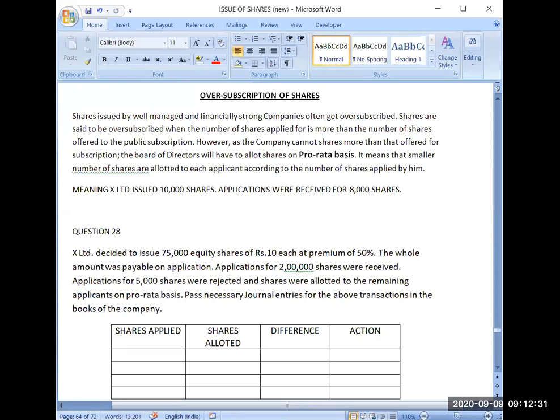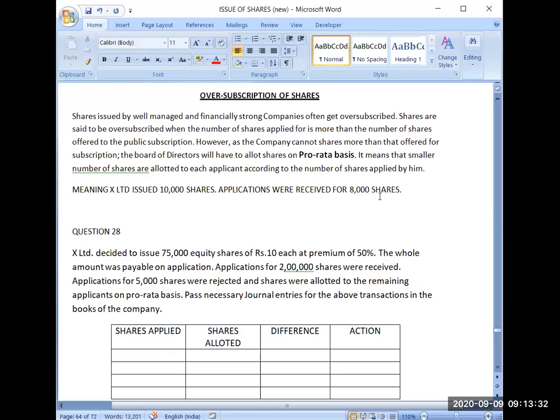What do we technically call it? Yes, we call it under subscription. So when you are receiving a smaller number of applications, then you have issued 10,000, but you have received applications only for 8,000. Less than 10,000 you are receiving. That is called under subscription.